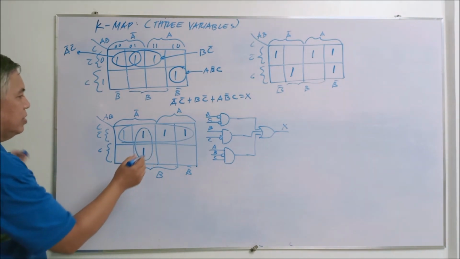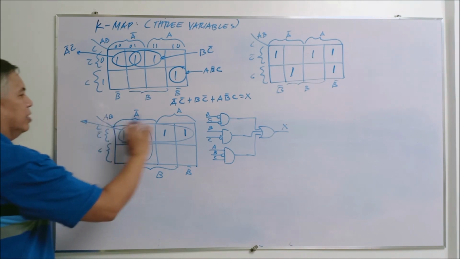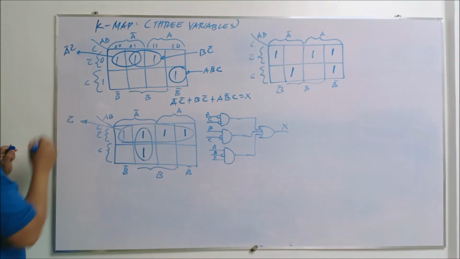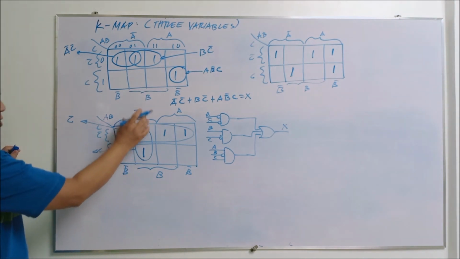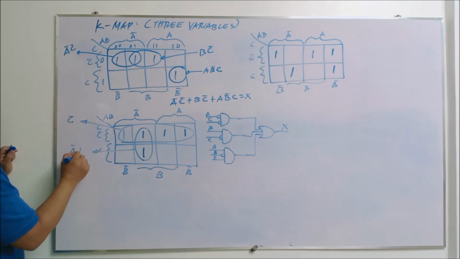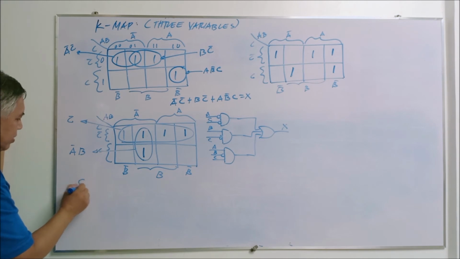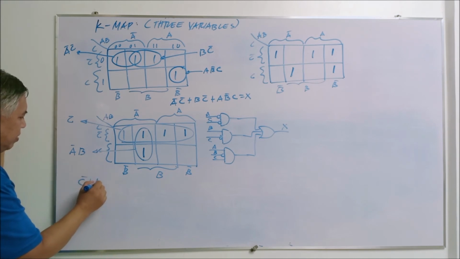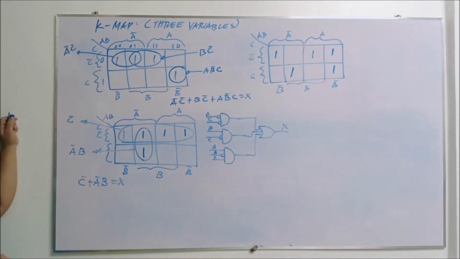Okay, so this one here belongs to what? C bar. Whereas this one here belongs to A bar B. So the final equation will be C bar plus A bar B is equal to X. Okay? So they can be interchanged.